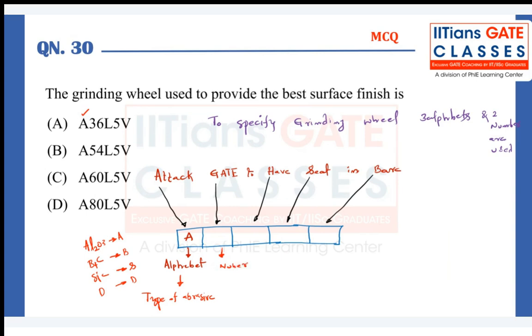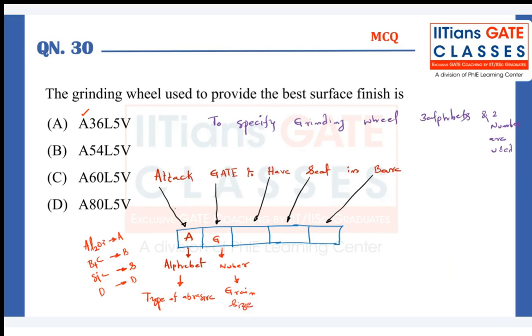It's a number and it indicates the grain size. G indicates the grain size, grain size number.